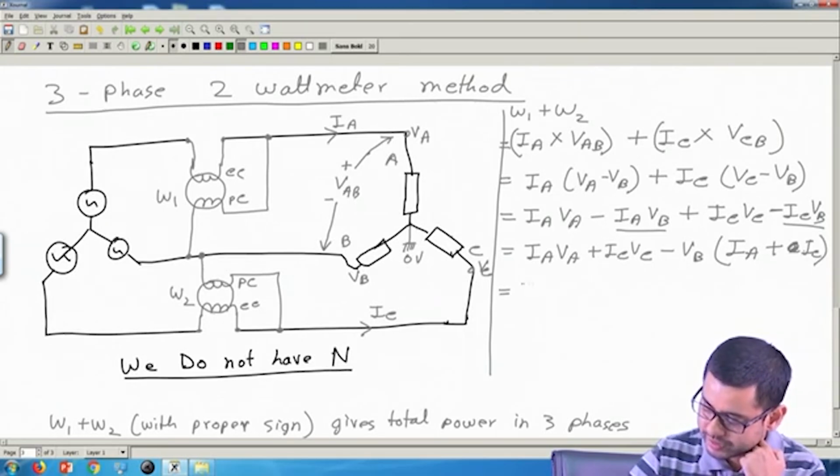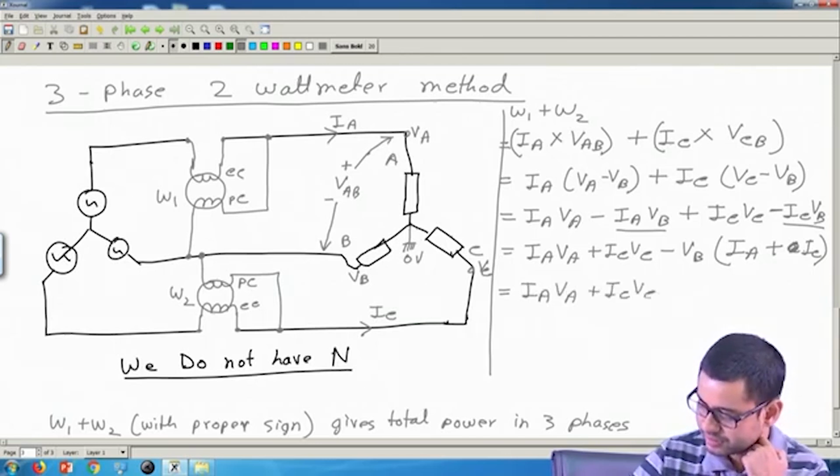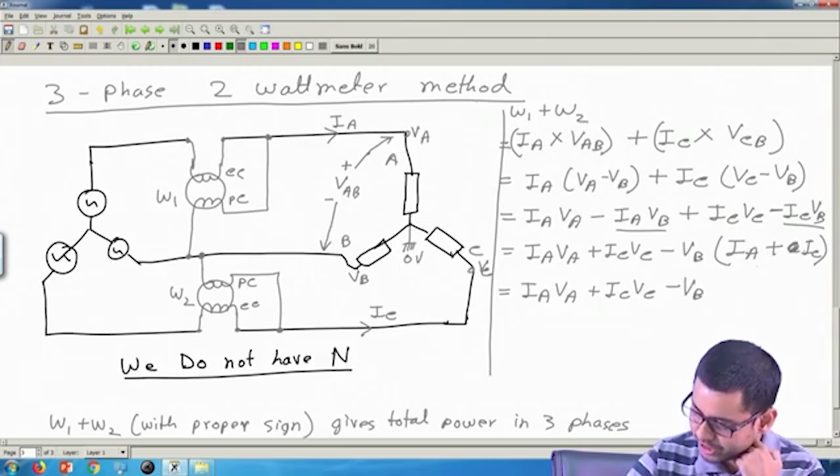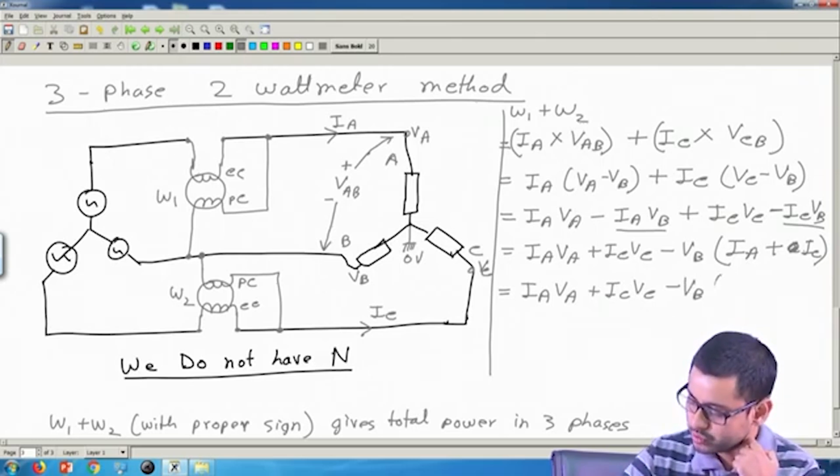Now in place of IA plus IC, we write minus IB. Why?